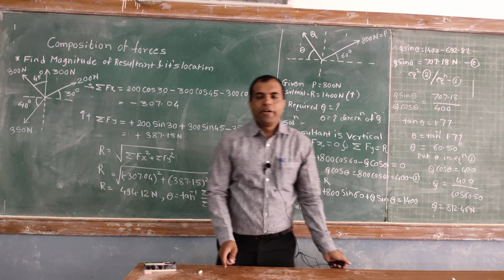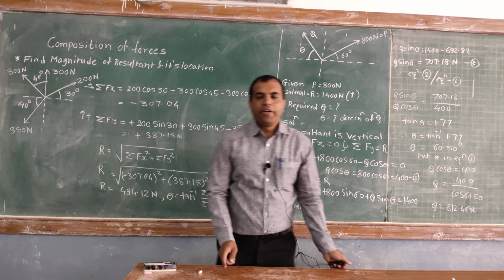This is a system of forces. The first force is 200 Newton, which makes an angle of 30 degrees with the positive x direction, given in counterclockwise sense. The second force is 300 Newton, which is vertically upward. The third force is 300 Newton, in the second quadrant, making an angle of 45 degrees with the positive y direction, and another force is 350 Newton, making an angle of 40 degrees, in the third quadrant.